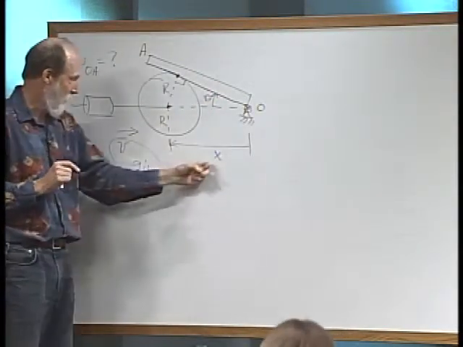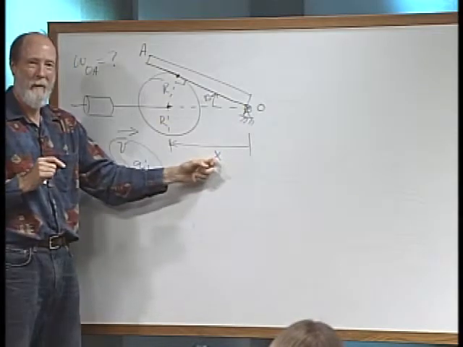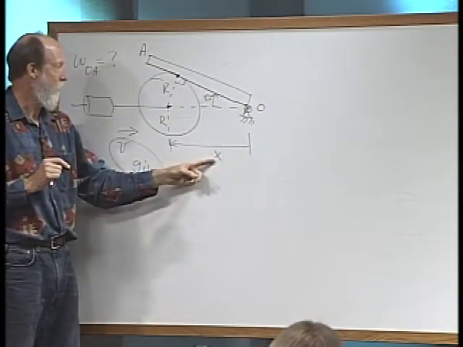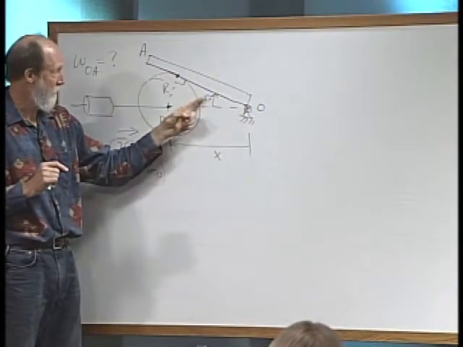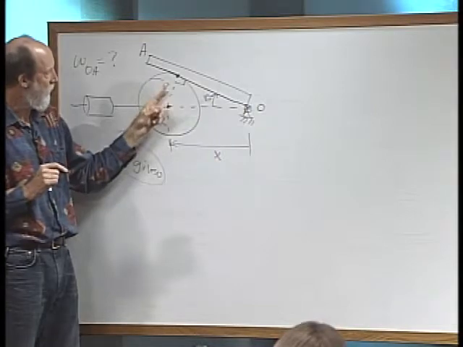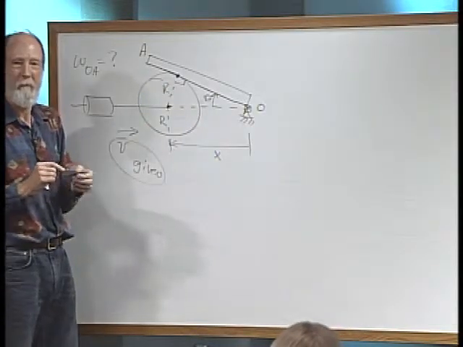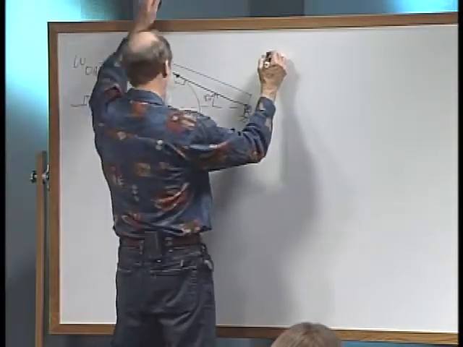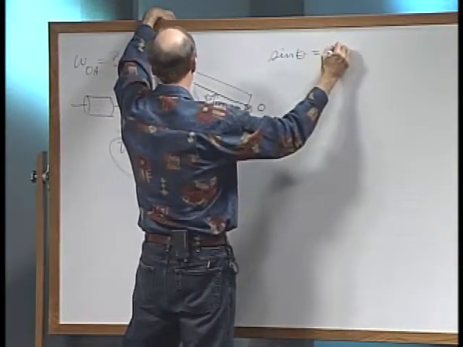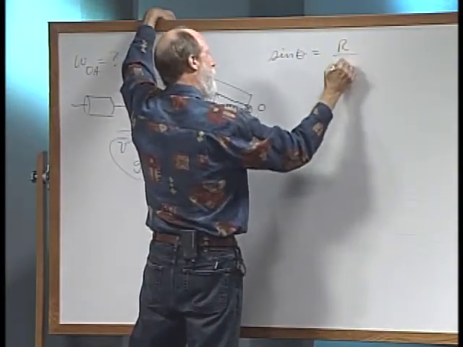I think you all realize that x dot relates to this given v. So we could include x in our geometric relationship here with a fixed r. It looks pretty nice. It's a sine relationship. So we have that the sine of theta is equal to r over x.